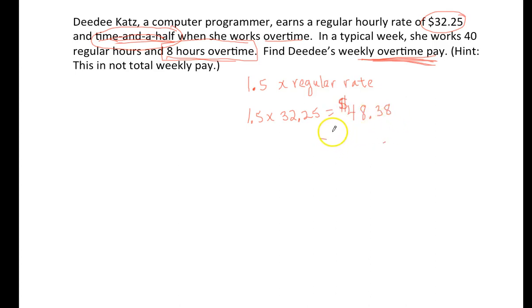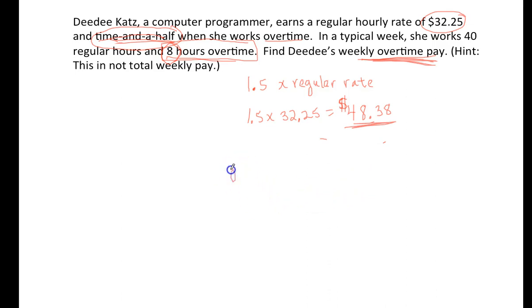Okay, and now we need to go back and see what we need to answer once again, just to make sure we're on the right track. So it wanted to know her overtime pay. Well, we know she works 8 hours of overtime, and we now know that her rate for overtime hours is $48.38.